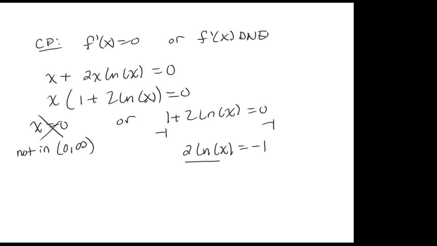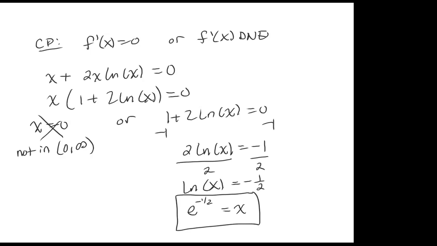I will divide both sides by 2. I get that the natural log of x is equal to -1/2. And now I can rewrite this in exponential form. e to the -1/2 is equal to x. Now it looks like we've solved for x. That is our one and only critical point for this particular criteria.